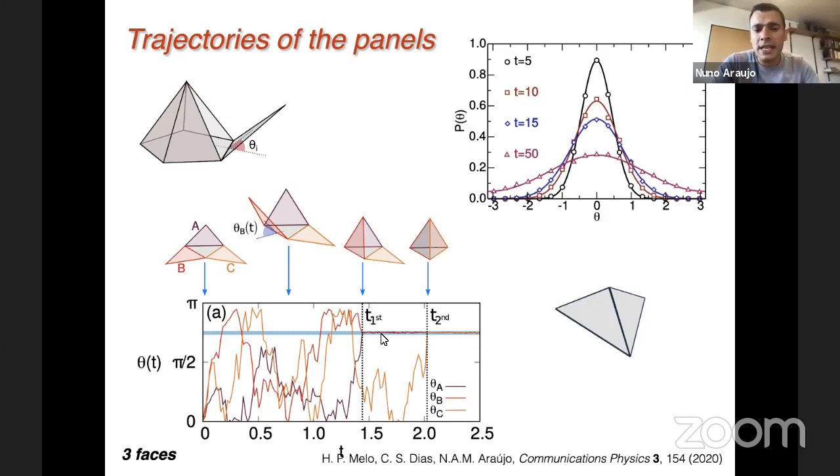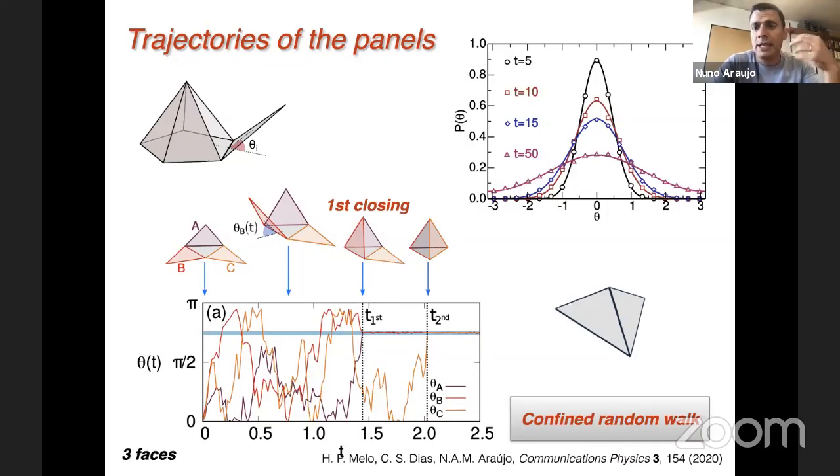So what we see is that the first closing event corresponds to the time at which, for the first time, 2 faces meet at a specific angle, and the following closing events are just corresponding to the time it takes for the other faces, in this case, the final face, to arrive at this angle where the other 2 are already closed. So from the statistical point of view, these are 2 different processes.